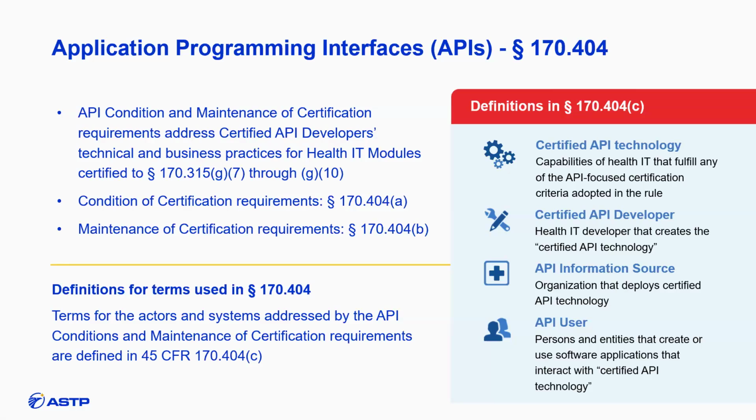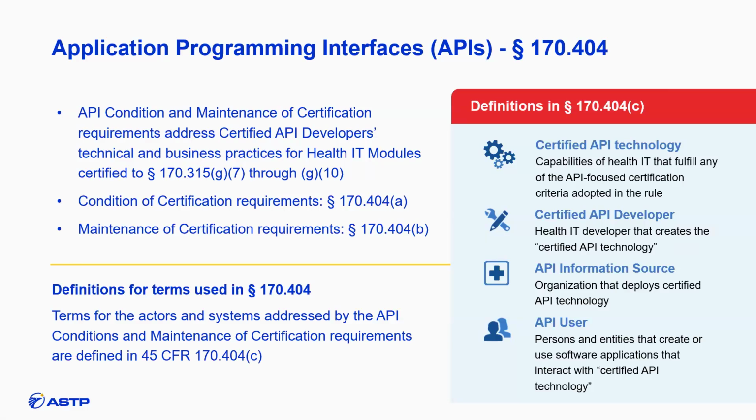The API condition and maintenance of certification requirements address the technical and business practices of certified API developers for health IT modules that are certified to any of the criteria from G7 through G10.